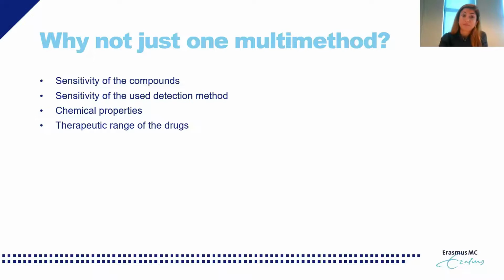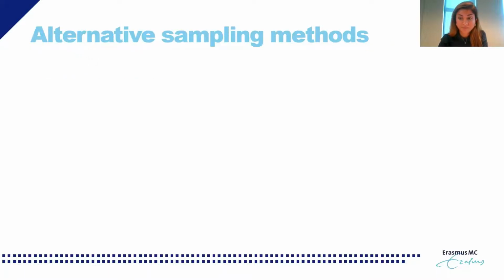And also the therapeutic range of the drugs is important. Some drugs may be analyzed in much higher concentrations compared to other drugs. So all these aspects are of influence.